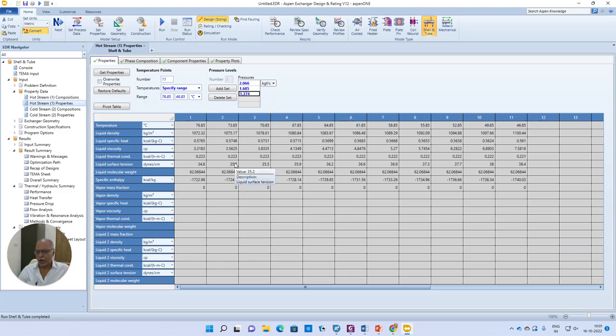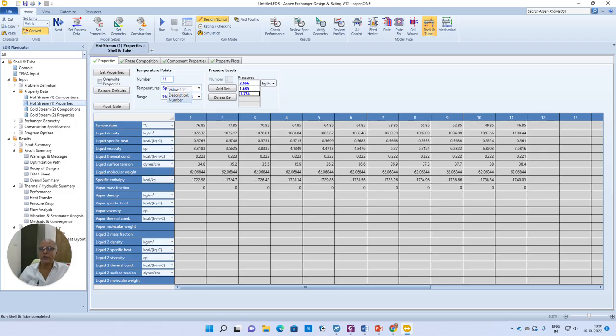Now, typically when we are trying to design a heat exchanger manually, with respect to the properties, probably based on the inlet and outlet temperatures, we take an average and estimate all the properties at this average temperature and use these properties for the design. But what Aspen, or this simulator, can do is divide the given temperature range into, by default, 11 zones.